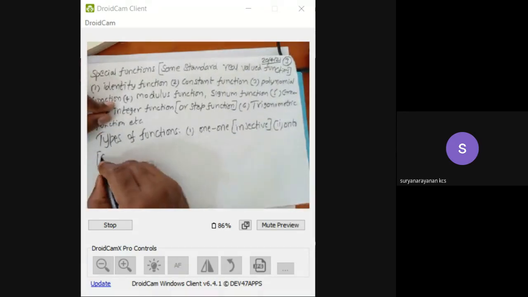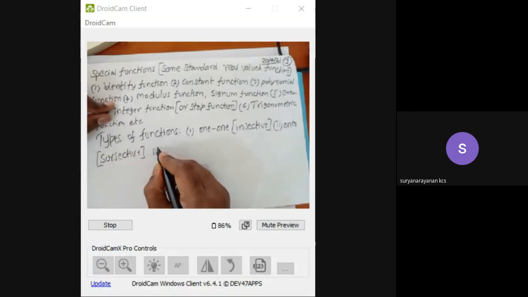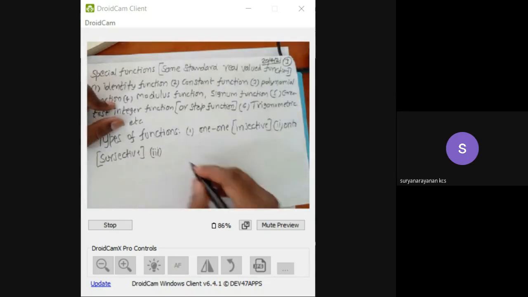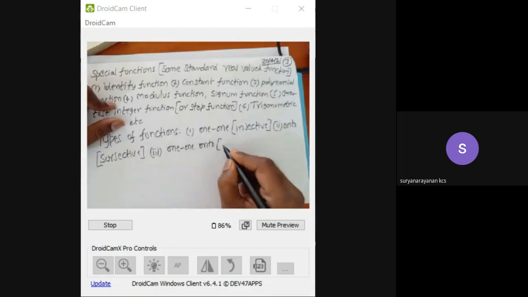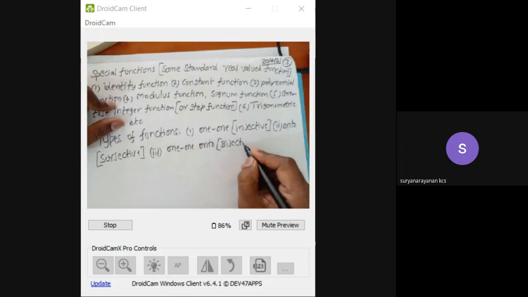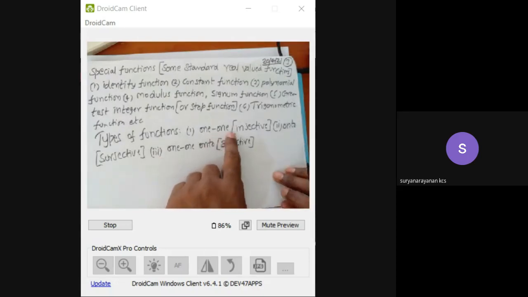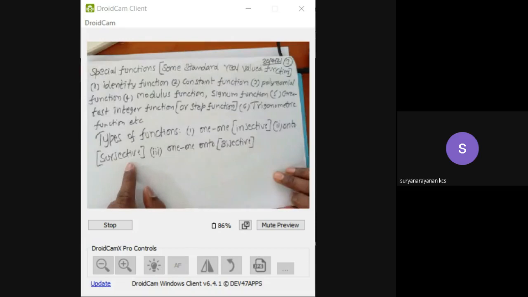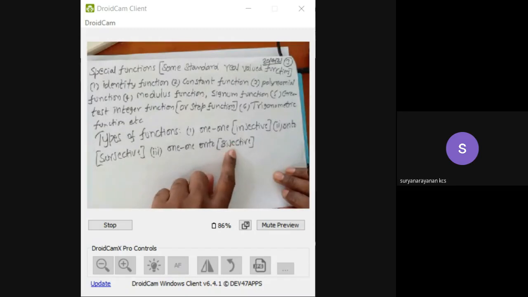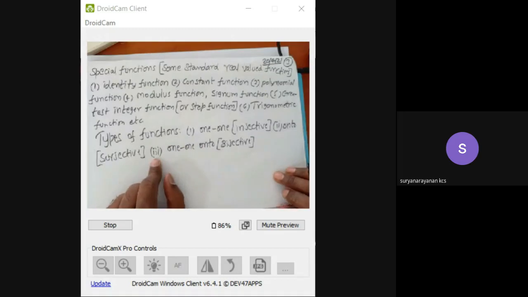This is also called surjective. And the third one is one-one and onto. This is also called bijective function. Mainly, we discuss these three types of functions. We discuss these three types of functions in this exercise 1.2.